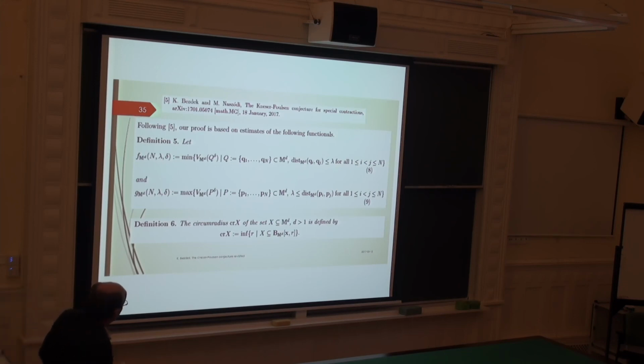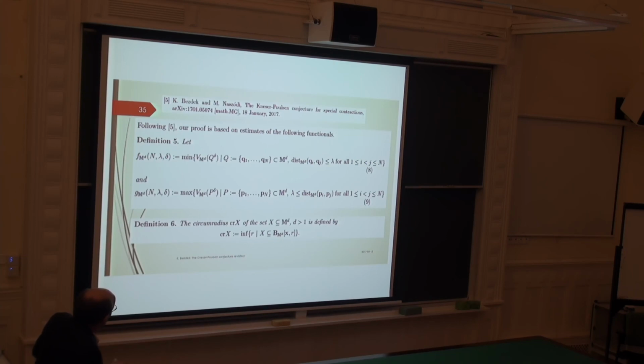At the same time, there is another meaningful extrema problem here, namely the point configuration P has the condition that the shortest non-zero distance is lower bounded by lambda. So the points are not very close to each other. Therefore, when you look at the intersection of balls of radii delta, there should be a maximum volume thing here, and that's the max problem.